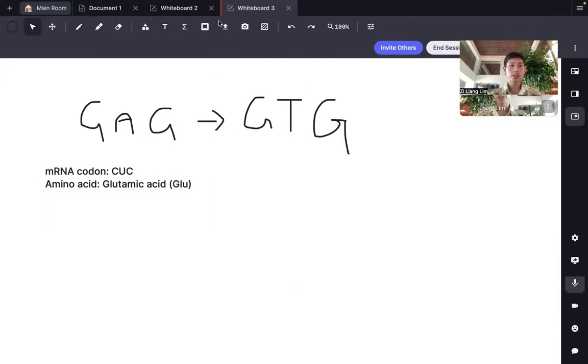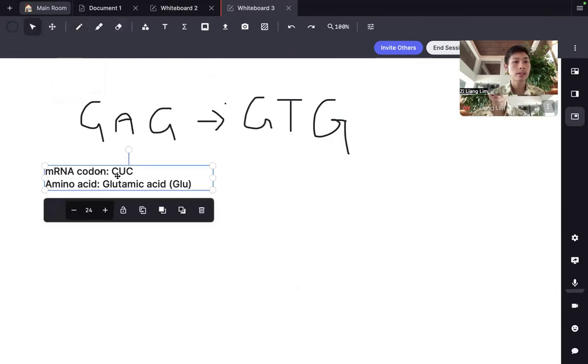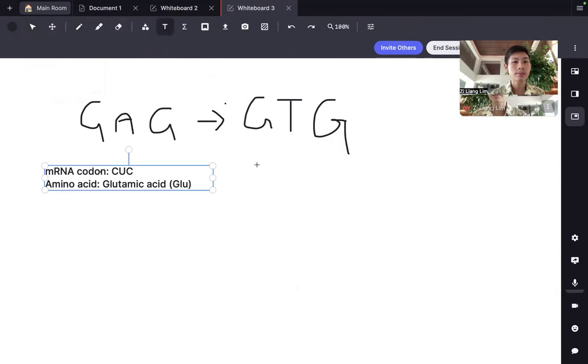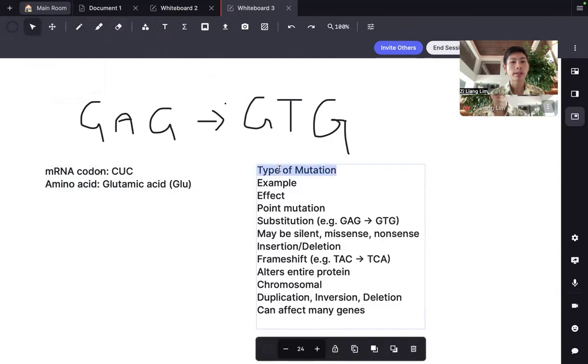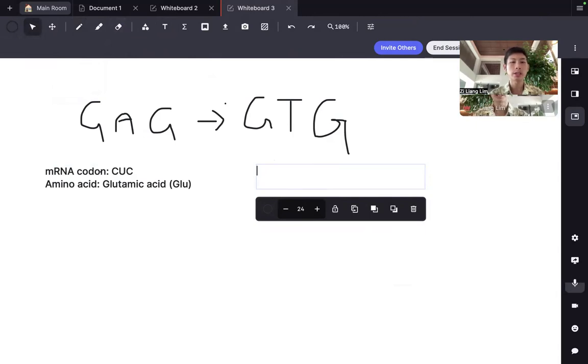And then with the GTG, when it becomes GTG, the mRNA codon is CAC.